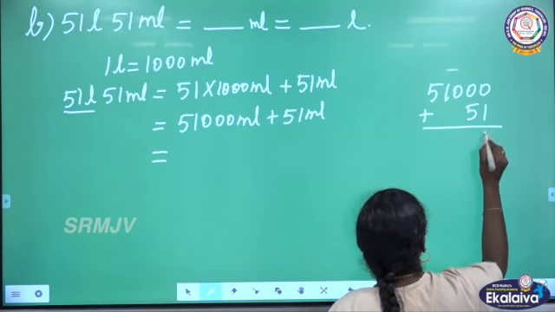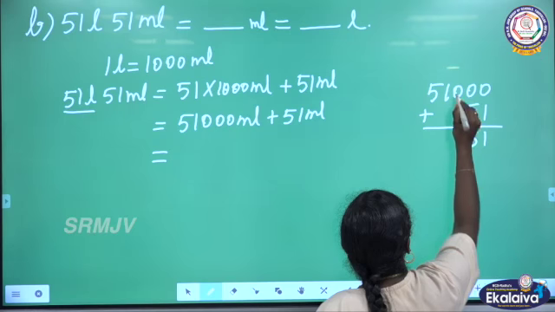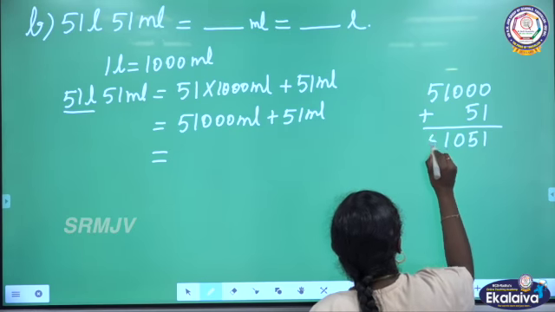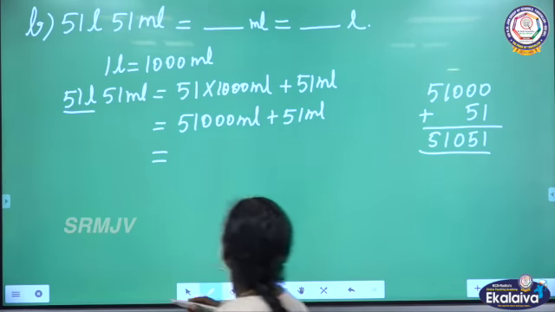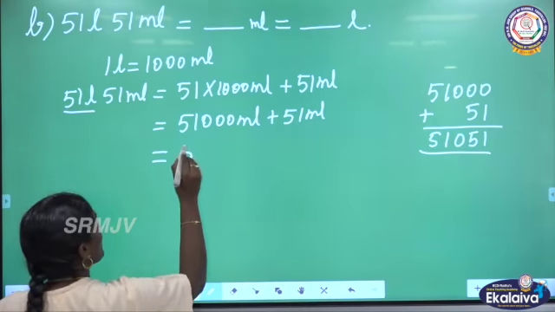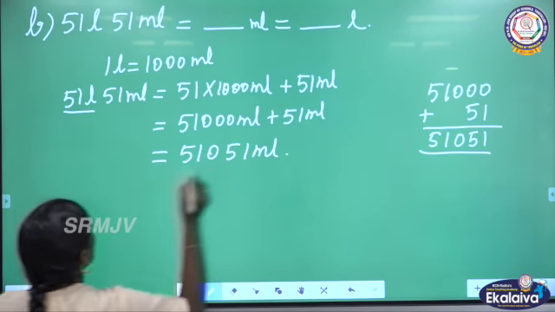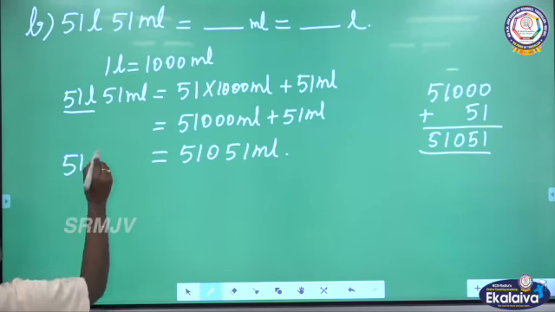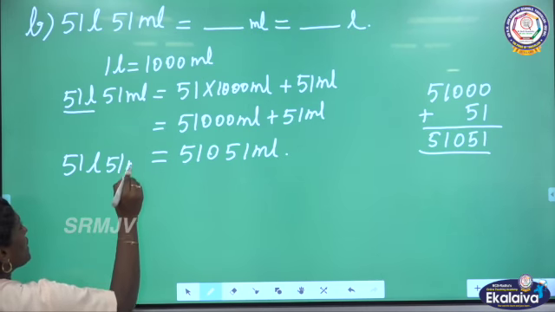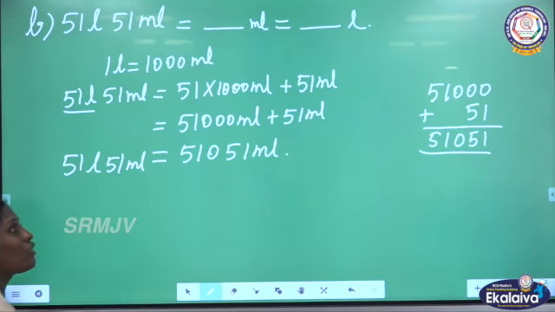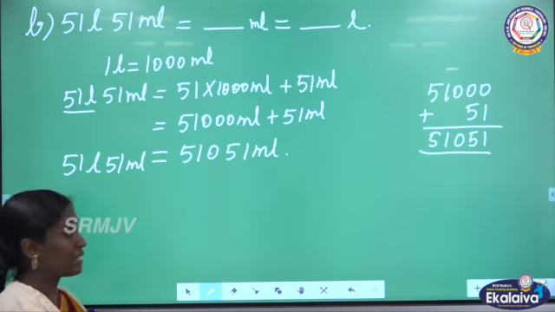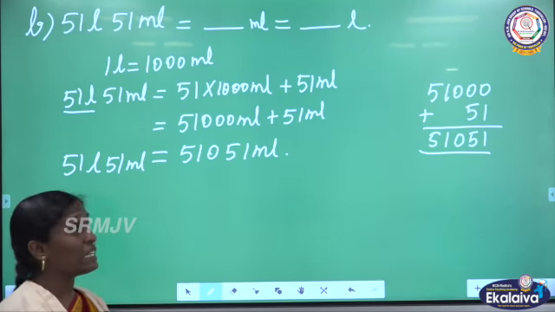Here 0 plus 1, 1, 0 plus 5, 5. Here 0, 1, 5. So 51,051 milliliter. So 51 liter, 51 milliliter is equal to 51,051 milliliter. Now we got the answer in milliliter.